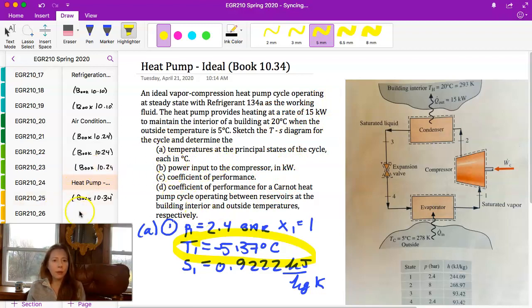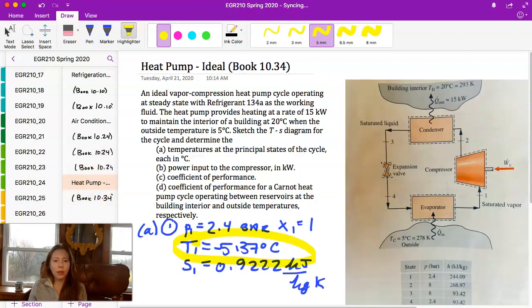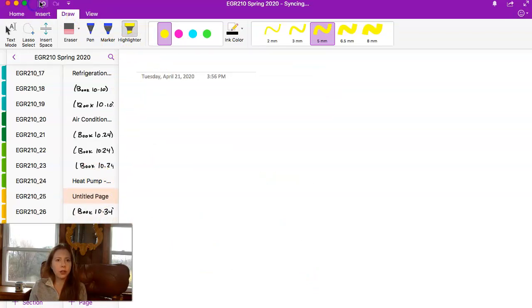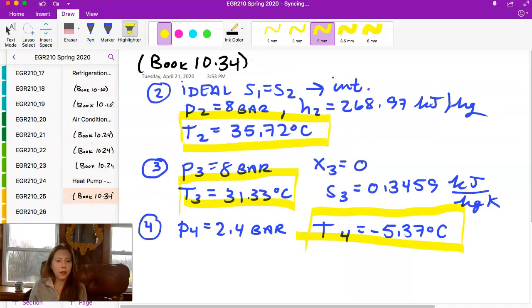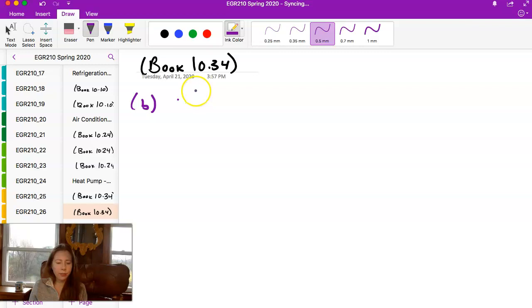Okay, so what we're going to do is find the power input to the compressor. Let's add it here. Okay, so the power input into the compressor is going to be, well, we need the mass flow, and so we know Q out. So let's use that. Q out is going to be m dot times H2 minus H3.